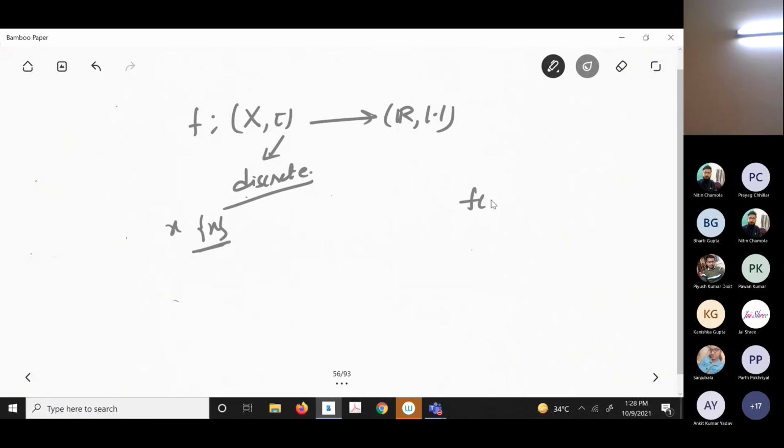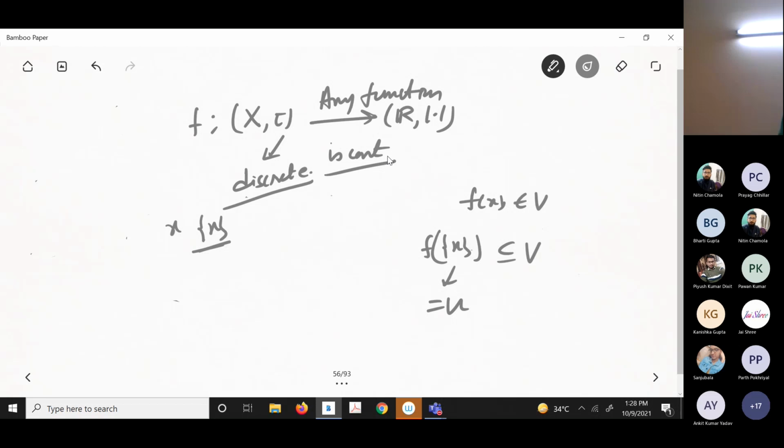So I will take U equal to this, which is contained in the given neighborhood. So any function is continuous at each point. Previously you got only constant functions are continuous, which is expected. Here you are getting any function continuous, so you won't be able to distinguish between nice functions and not so nice functions. So this is the largest topology, and that was the smallest topology. They are not really good enough. So the topology should not be too big or too small. I have given examples 1 and 2.